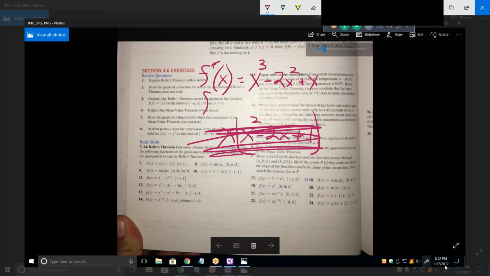The derivative of the function is 3x squared minus 4x plus 1. And what is the average slope between 0 and 1?